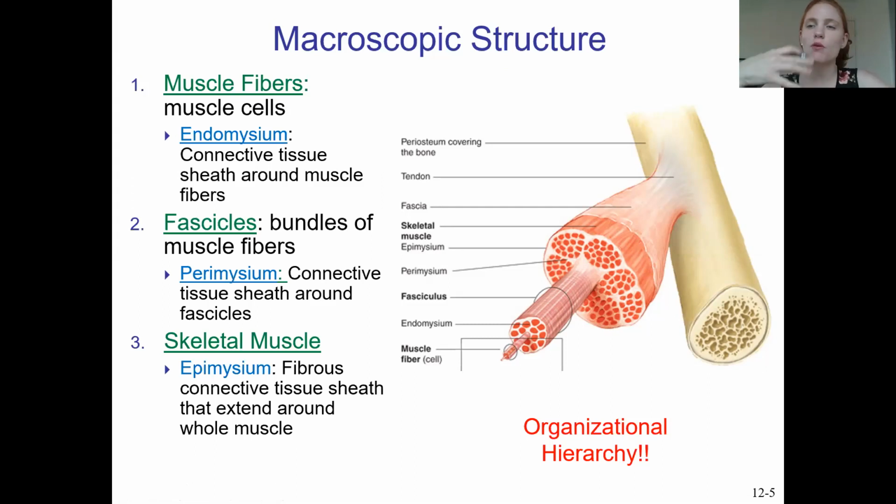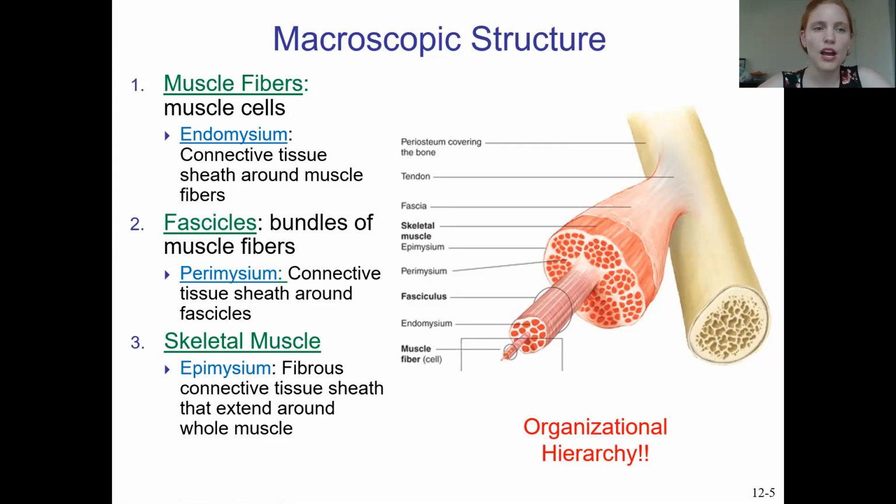And so if you think about what they look like in the microscope, if you were to tease an individual muscle cell apart from all the other cells, what you would get is a long fiber. It looks like a fiber. So if you look in the microscope and you see those long fibers, you might just call them muscle fibers. And then later you find out that those are the cells. So that is why they're called muscle fibers. When I say the word fiber, I'm talking about the muscle cells.